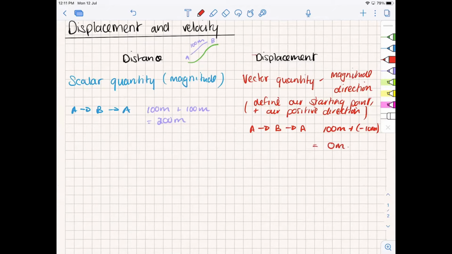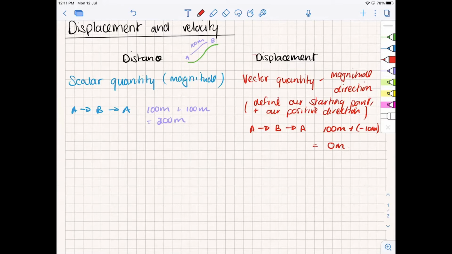So the important thing with displacement is we must have defined a starting point, and we must have defined which direction is positive, right? Is going up the hill positive or is going down the hill positive, right? So two very important things there.